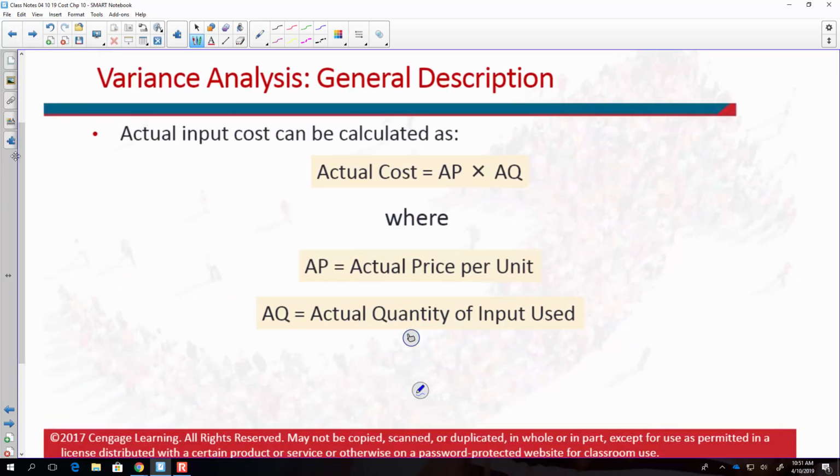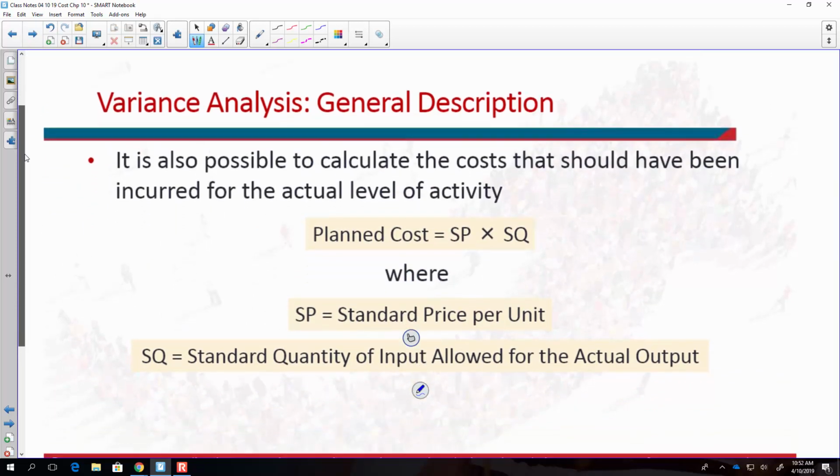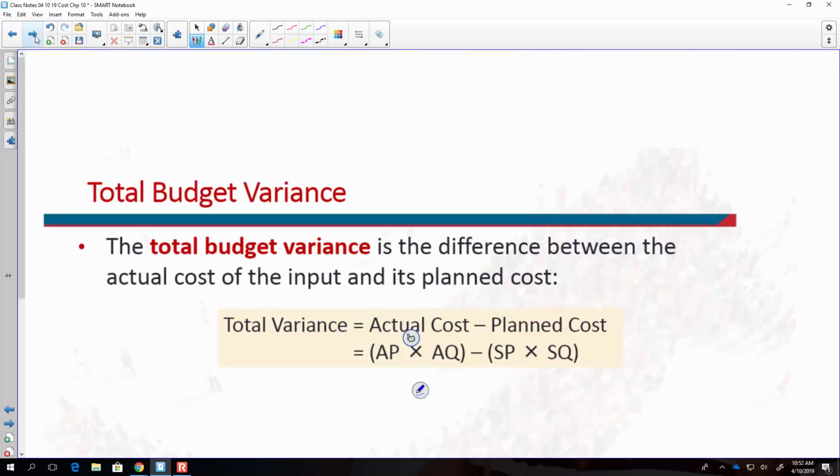And then we get to AP, AQ, which means actual price, actual quantity. So what did I actually pay? What was the dollars? What did I actually use? And then we're going to compare the two, basically. And these are all done on our templates that we have to use. AP, AQ. And this is the SP, SQ again, so we've already talked about that.